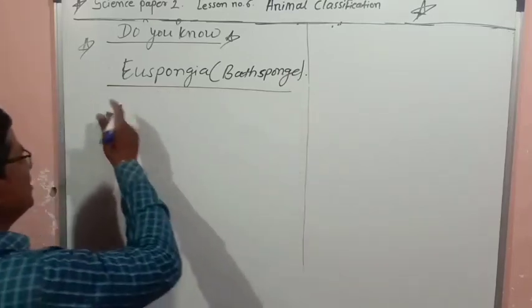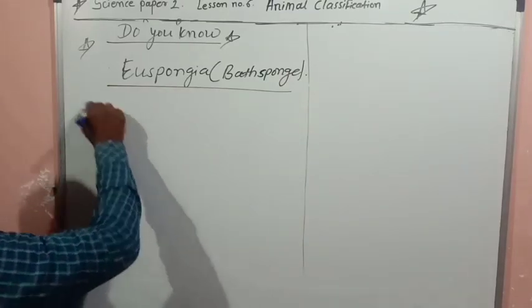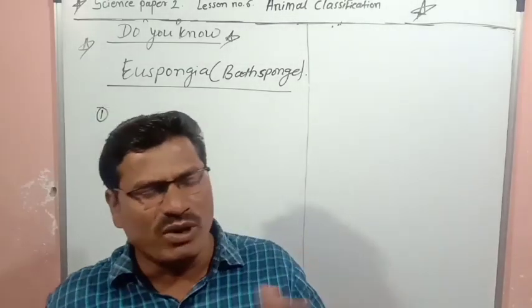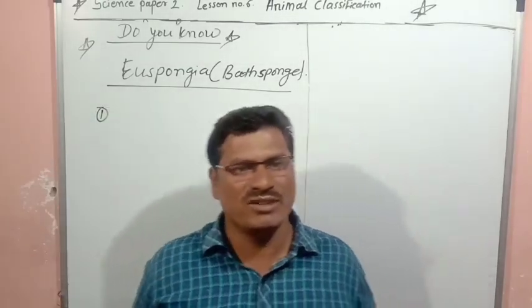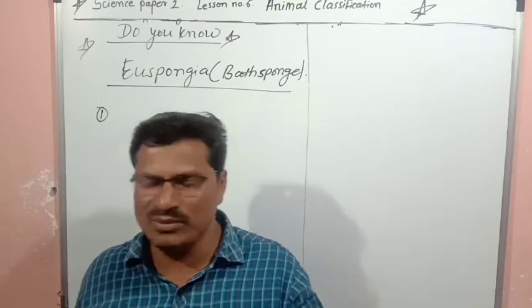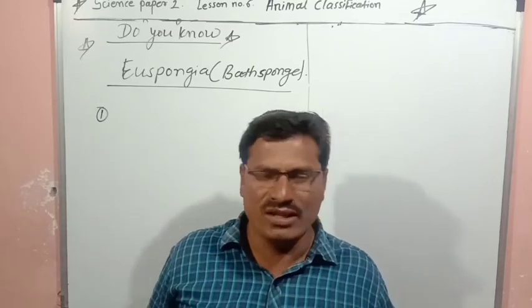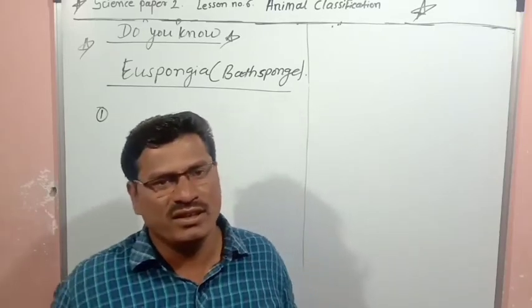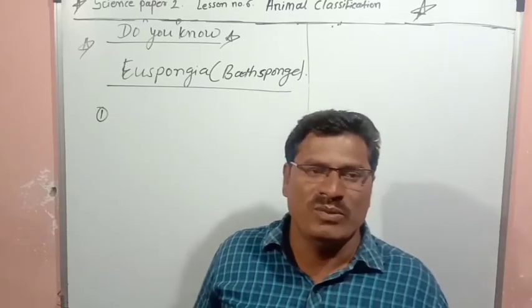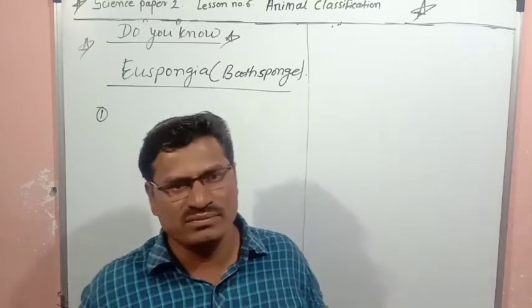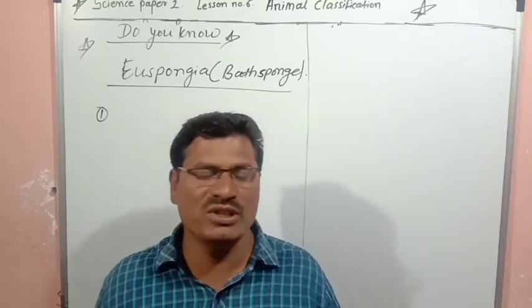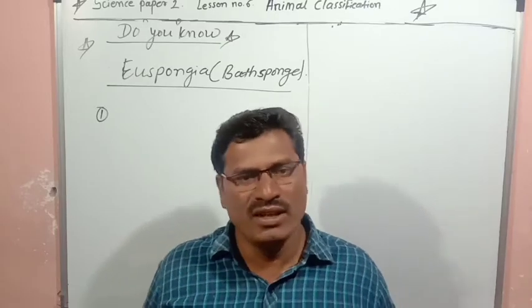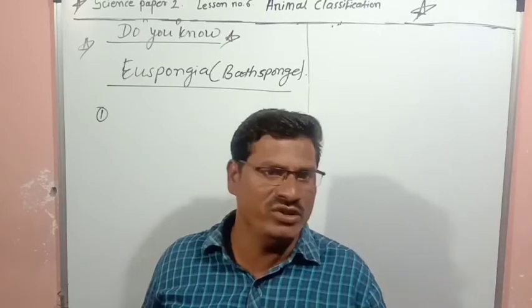So we are going to study its characteristics. The bath sponge, or Euspongia, is a black colored, round shaped animal. Second thing, its body is made up of fibers of the protein spongin.